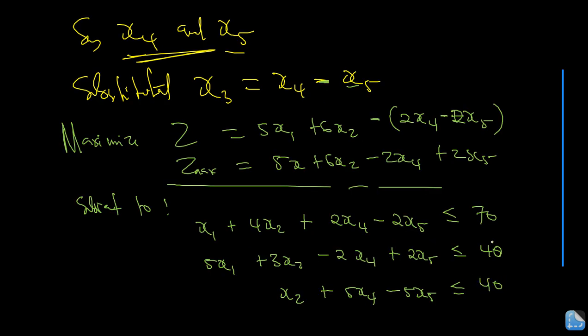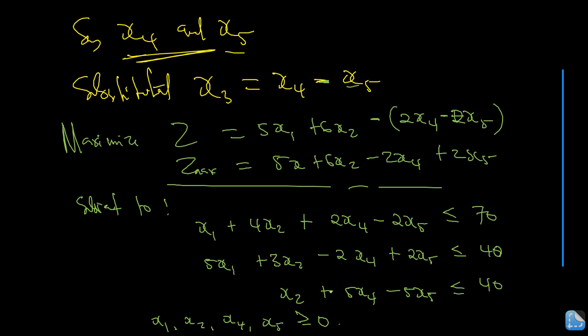Now once we have written this, the last thing is we are going to say x1, x2, x4, x5 are all greater than or equal to 0. Now you've seen what we have done.